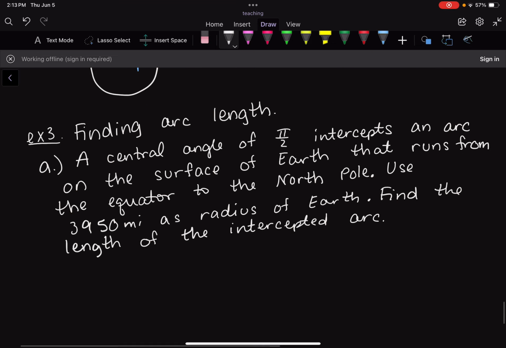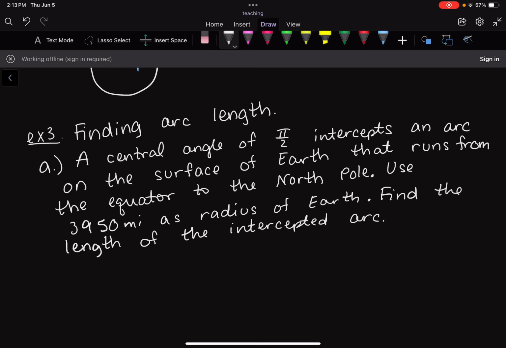Of course I would recommend pausing to write this down, but I'm going to go ahead and read it again. A central angle of pi over 2 intercepts an arc on the surface of Earth that runs from the equator to the North Pole. It gives us the radius of Earth, because I would not expect you guys to just know that. And we want to find the length of this intercepted arc.